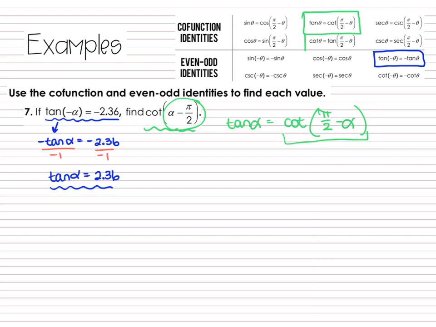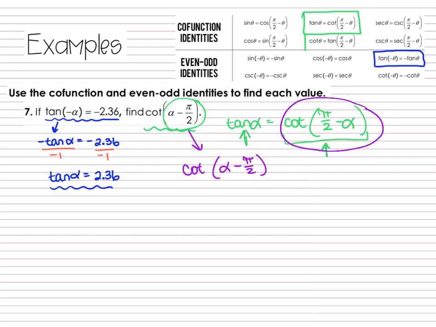So here's where things get a little bit tricky. We just found tangent, and we need to use it to solve for this expression. So we're going to take this cotan of alpha minus pi over 2 from the problem and try to transform it into cotan of pi over 2 minus alpha.